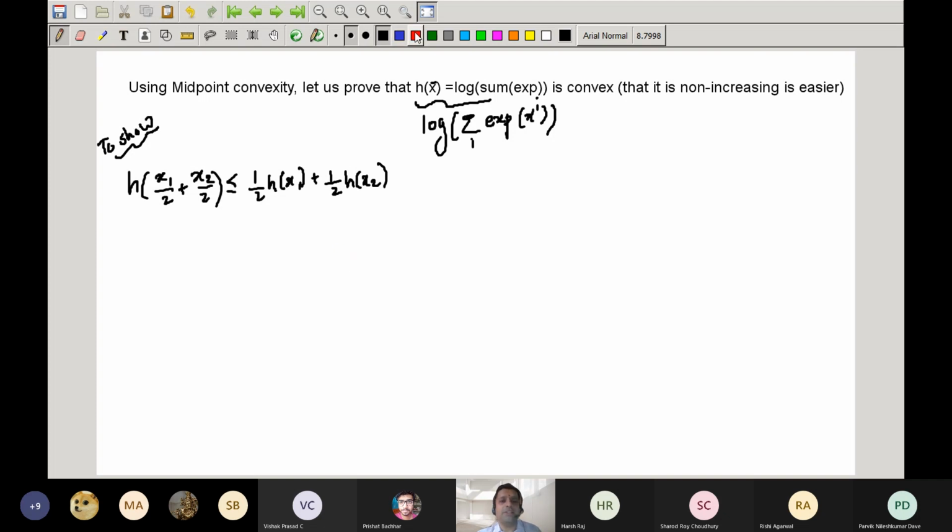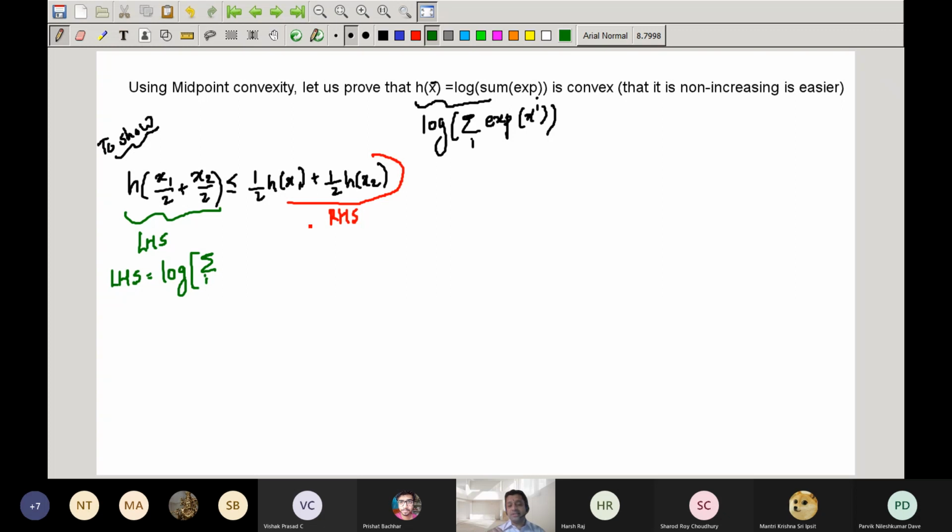Now I'm going to expand the LHS, and likewise the RHS. Let's write down the LHS. Now I'm going to write down the longer expression. You have log, you have sum over indices i.